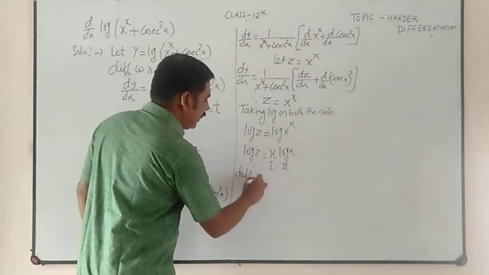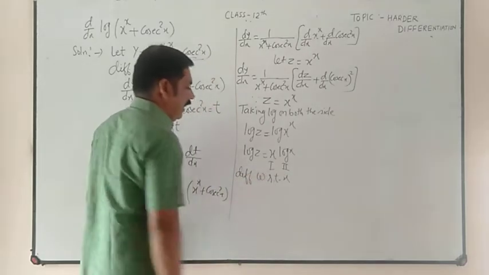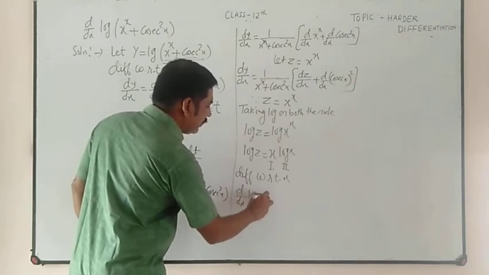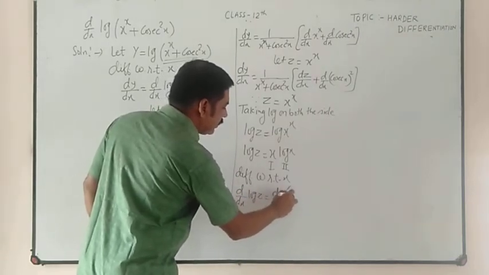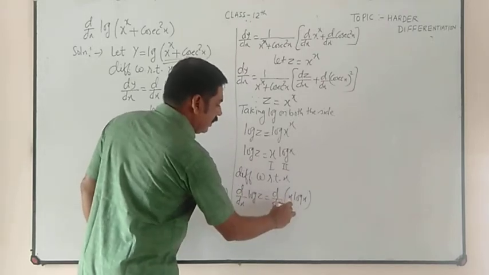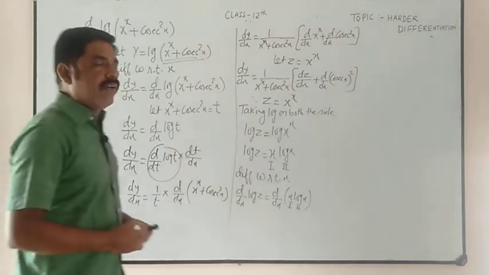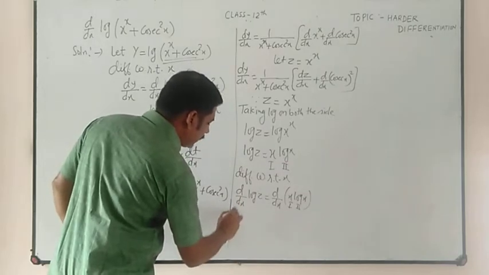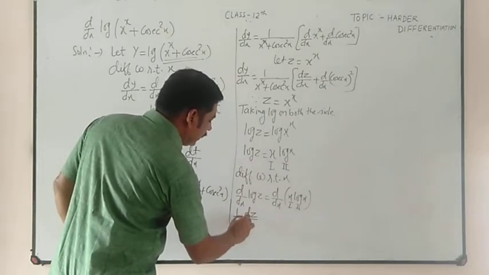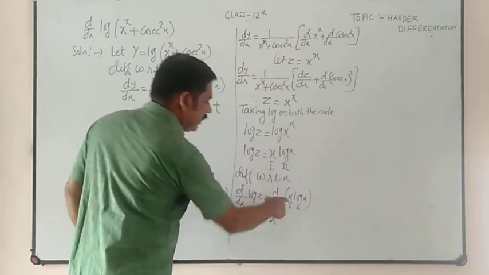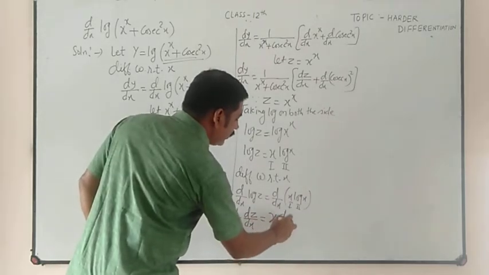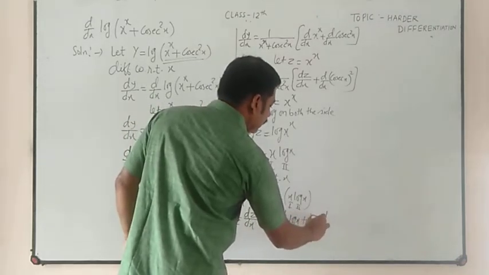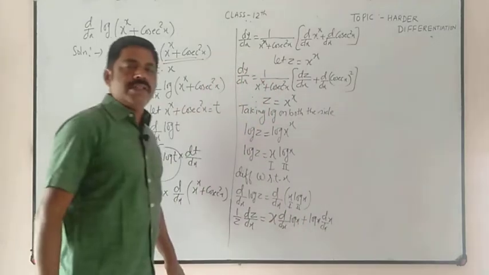So differentiation with respect to x: d by dx log z equals d by dx x log x. Differentiation of log z with respect to x is 1 upon z dz upon dx. First function into differentiation of second function plus second function into differentiation of first function.